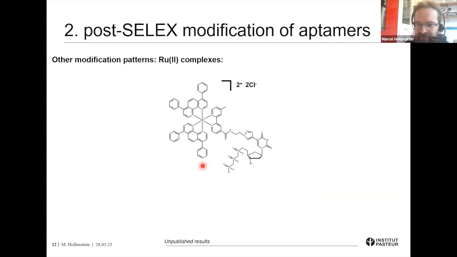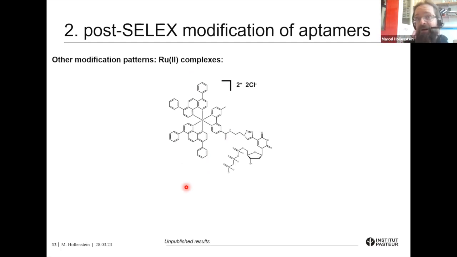So in the next couple of minutes, we focus on a different project that we started a few years ago now, where we tried to decorate aptamers with ruthenium complexes. This is with the idea of trying to improve the specificity of photodynamic therapy, where photosensitizers are injected into patients and light is shone onto them, and they produce ROS, which induce cell death.